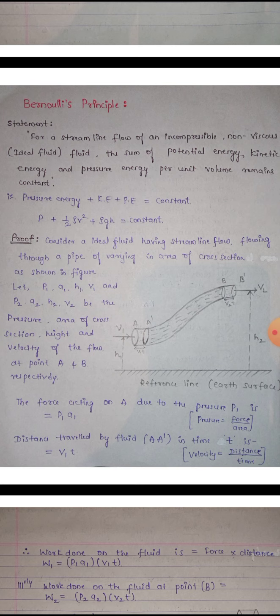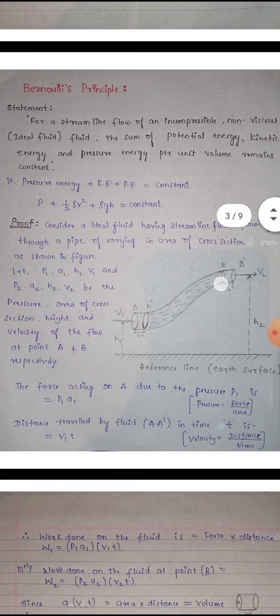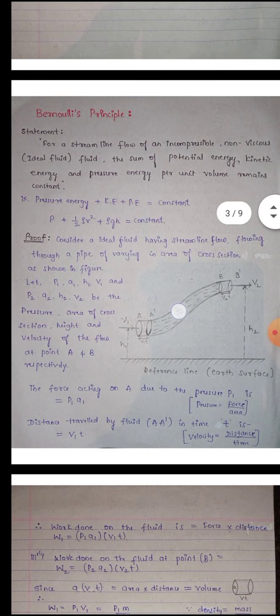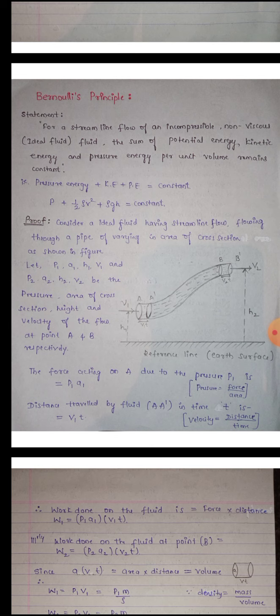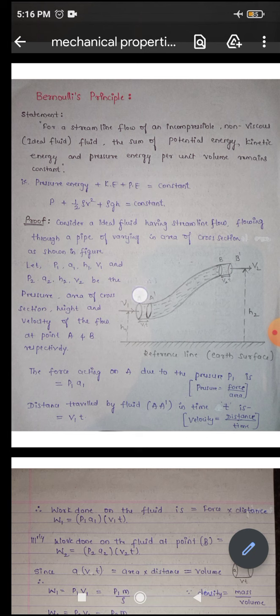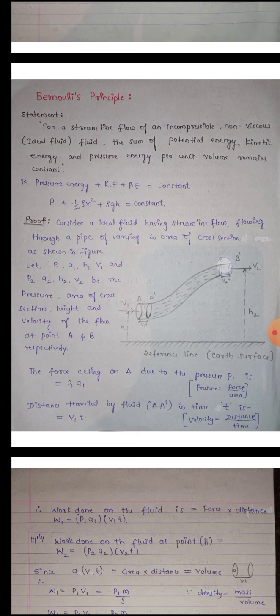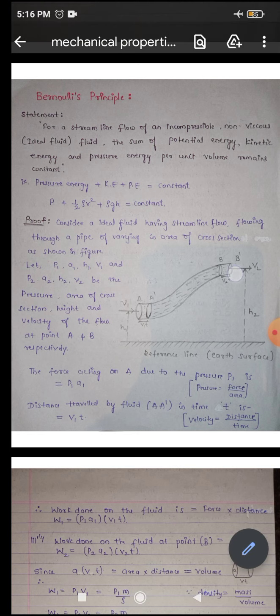Ideal fluid means a fluid which is incompressible and also non-viscous. That type of fluid is flowing with a streamlined flow in this pipe. At point A, the area of cross section of the pipe is larger than the area of cross section at point B.